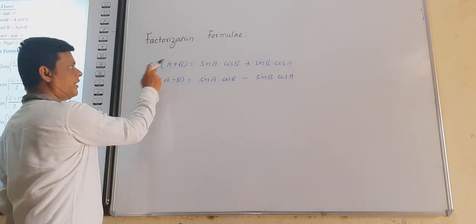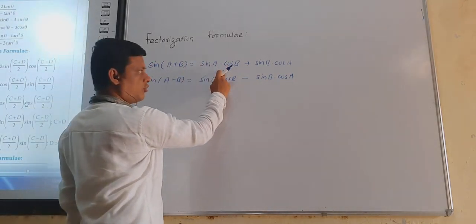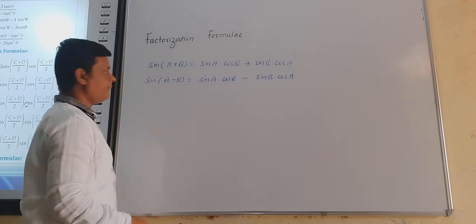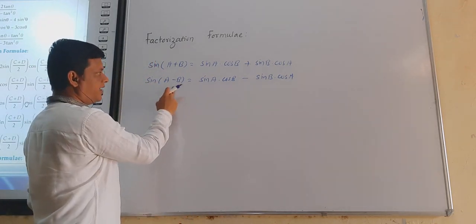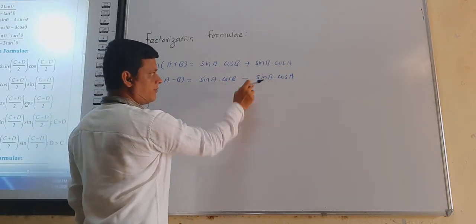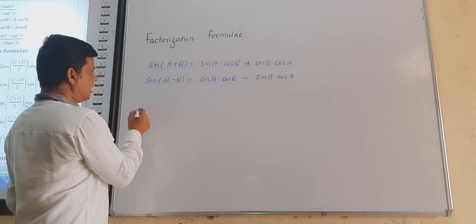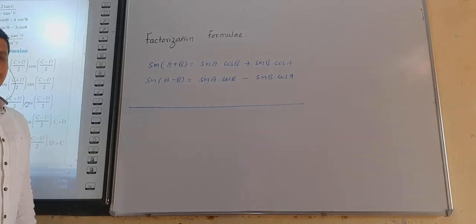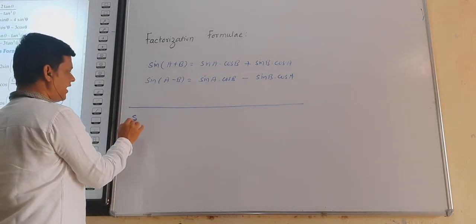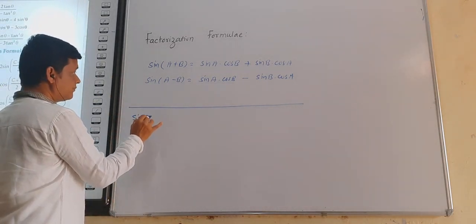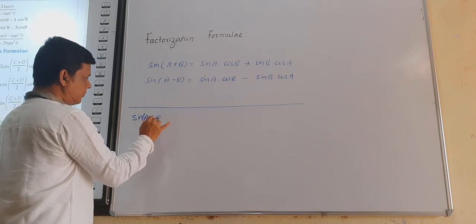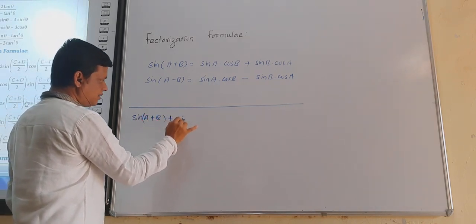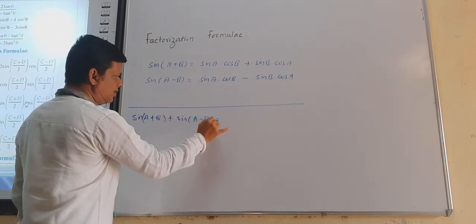We know that sin a plus b equals sin a into cos b plus sin b into cos a, and sin a minus b equals sin a into cos b minus sin b into cos a. If we add these two formulas, in LHS we write sin a plus b plus sin a minus b.